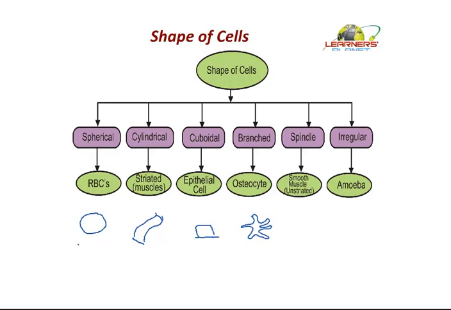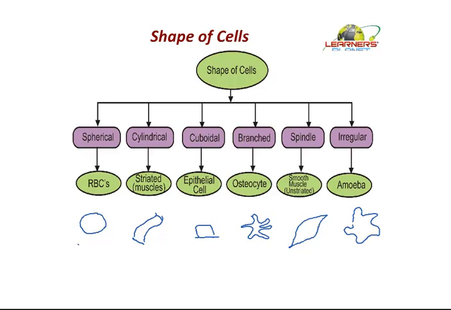Further, spindle shape. What do we mean by spindle shape? It is like the ends are actually pointed and it is broad in the center. So it is commonly found in smooth muscles or unstriated type of muscles. Further, some cells have irregular shape. The shape is not fixed in that case. Example, amoeba.